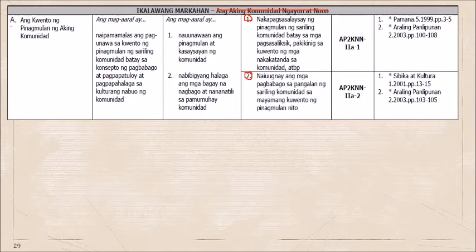Ito ang kwento ng pinagmulan ng aking komunidad. So, sa unang 2 araw, yung teacher pwede siyang mag-focus on achieving competency number 1. Okay? Sa unang 2 araw, itong number 1 competency lang muna ang bibigyan niya ng focus.